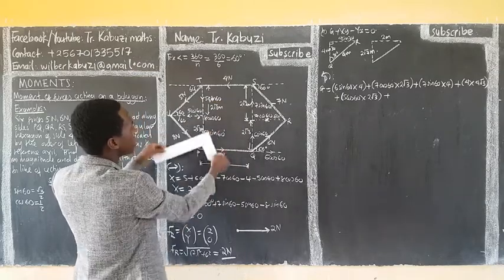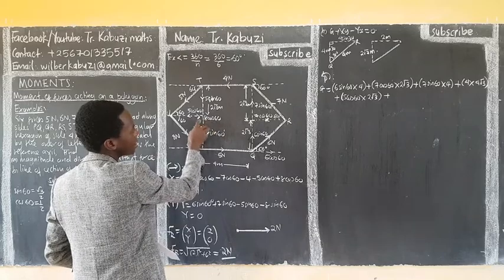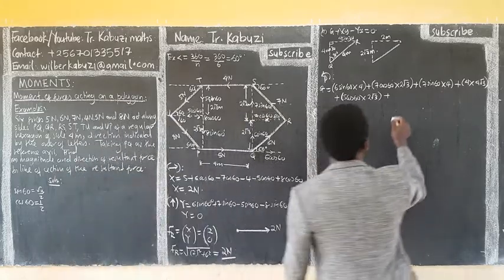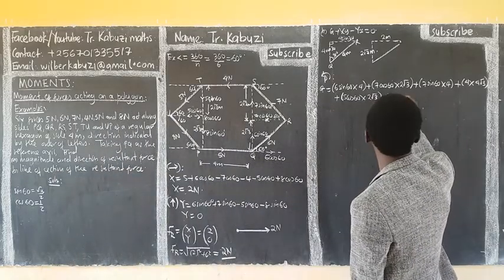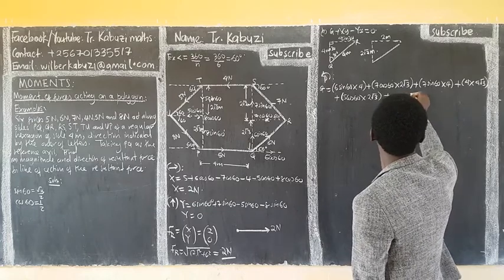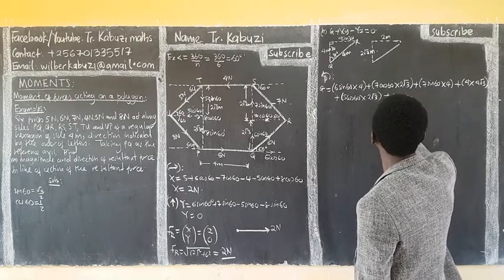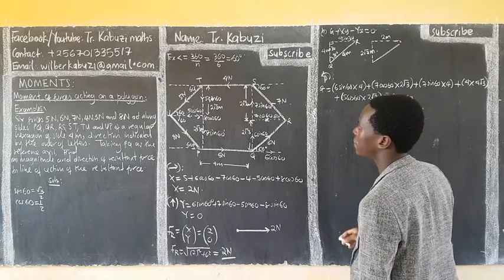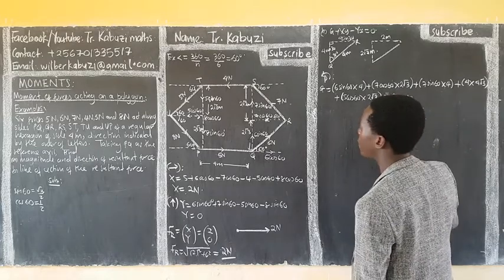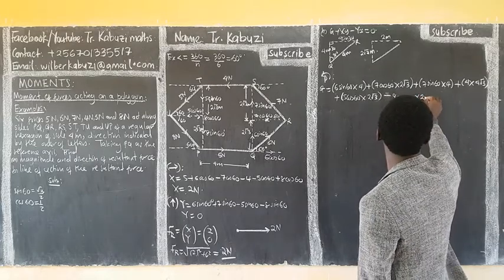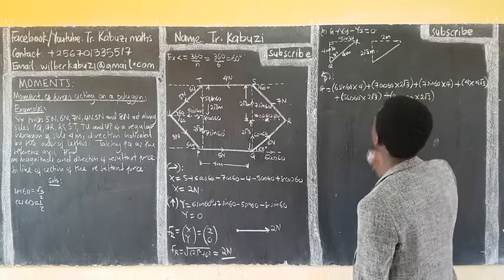I think we can see this 8 cos 60 is there. So plus 8 cos 60, but this one is going to be negative, minus cos 60, then times the perpendicular distance times 2 root 3, and that's what we are going to be adding.